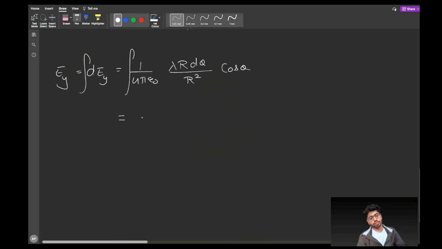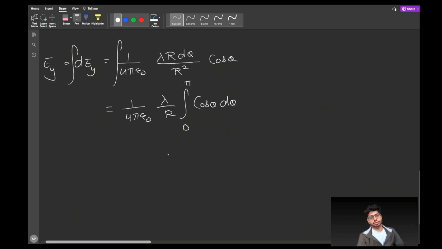That is again 0 to pi. Everything I'm going to take outside as common: lambda by r, that is the integration of cos theta d theta, from 0 to pi. Again, the integration is the same.